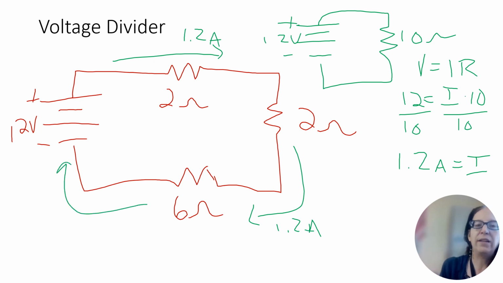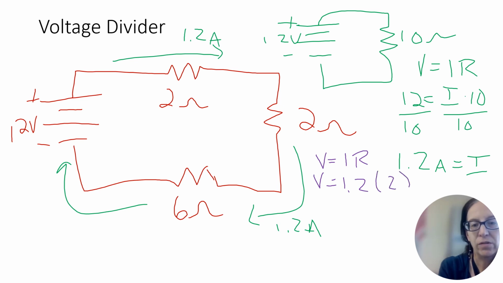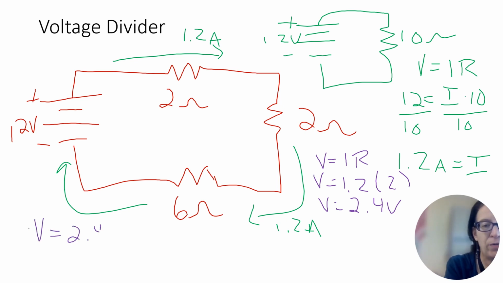You might then be asked what the voltage drop is over each of these resistors. Now that you know the current, you go back and find the voltage drop. The voltage is equal to the current times the resistance. We now know the current is 1.2 amps. The first resistor is 2, so that would be 2.4 volts. The second one would also be 2.4 volts.